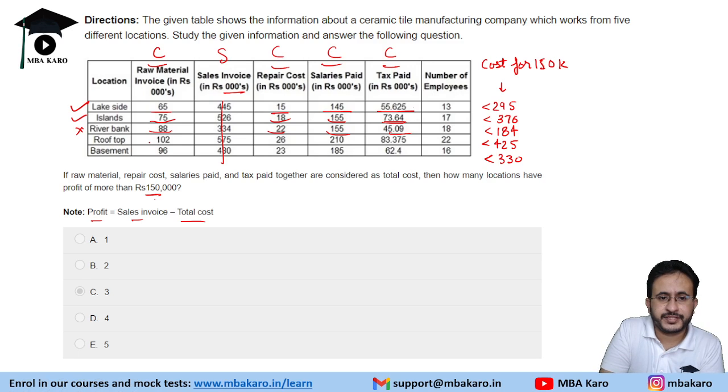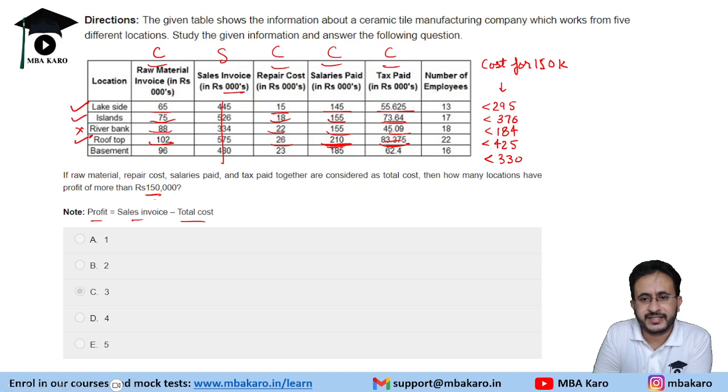If you see this 102, 130, 340, 413, 420, close to it. Let's see the actual thing. 128, 128, 338, 421. This was a close one, but yes, it has more than 150k profit.